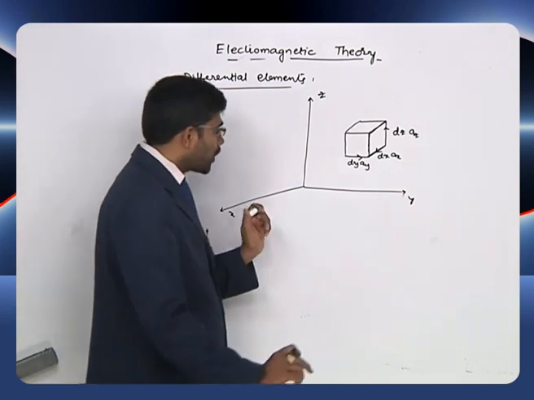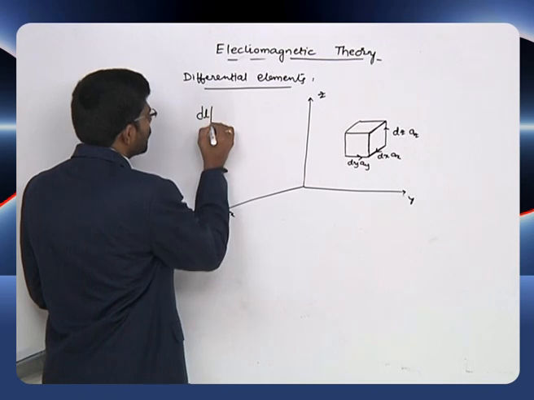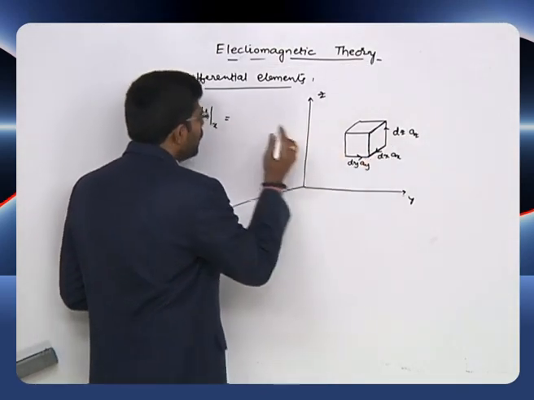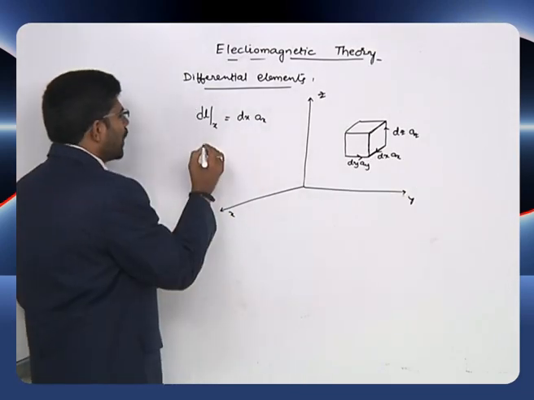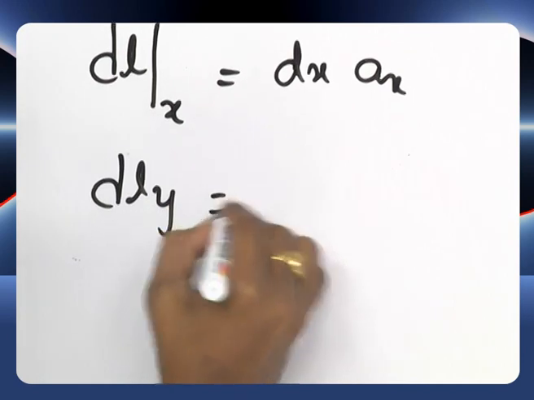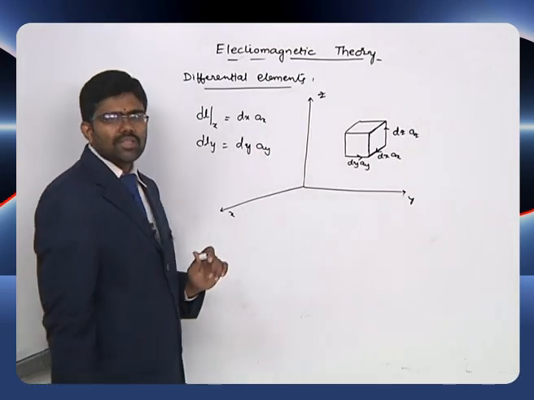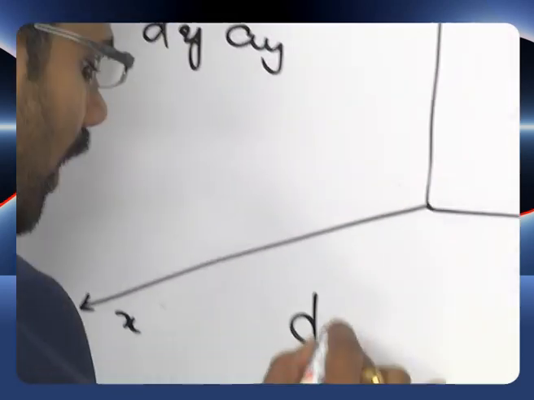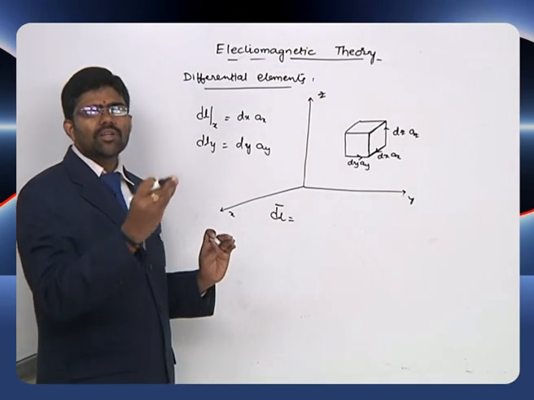If you want to write the differential length in the x direction, it is simply dx ax. And the differential length in the y direction is dy ay. So the general equation for the differential length can be written as dl, which is a vector, since the differential length is represented in a particular direction.